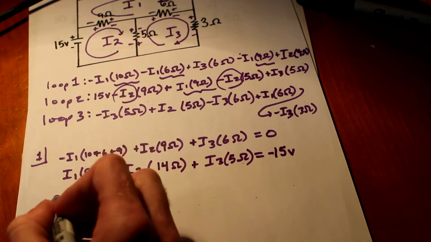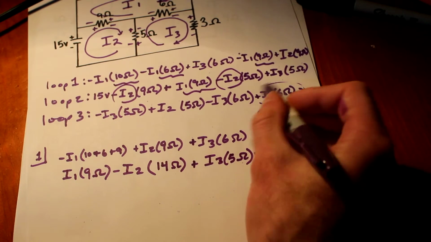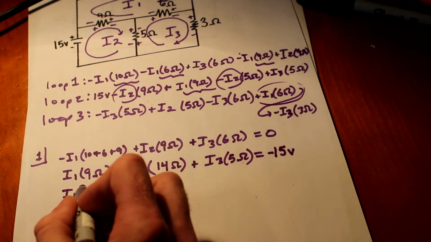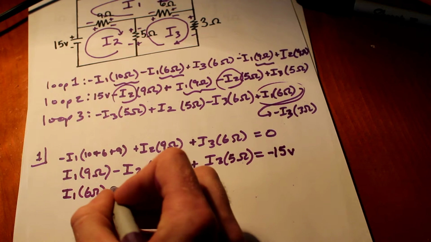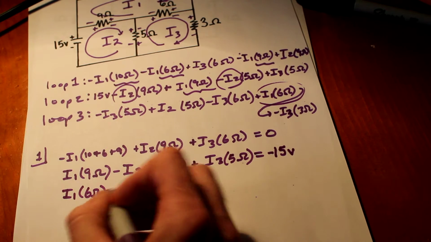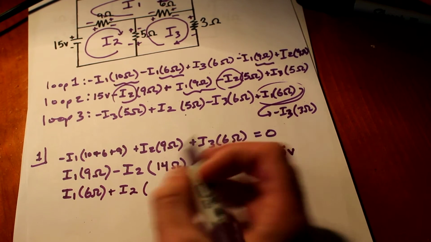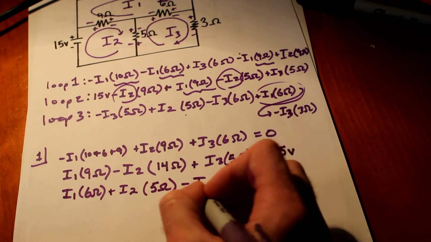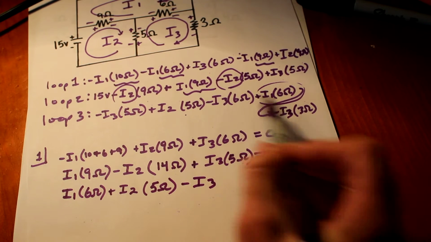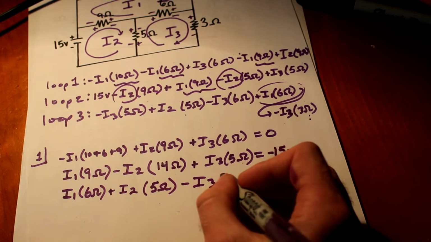Now for loop 3, we have I1 times 6 ohms, and plus I2 times 5 ohms, and we have minus I3 times 6 plus 3, which is 9, and 5, so 14.